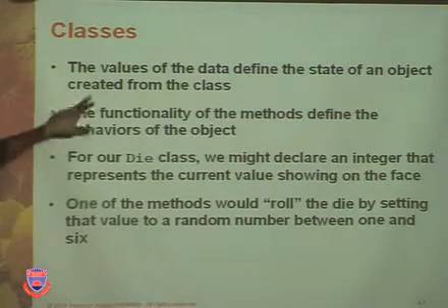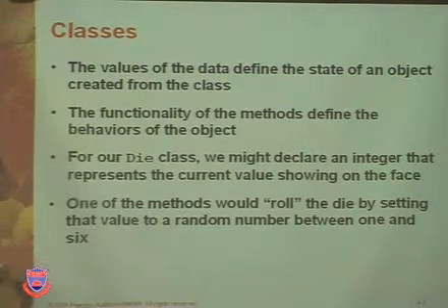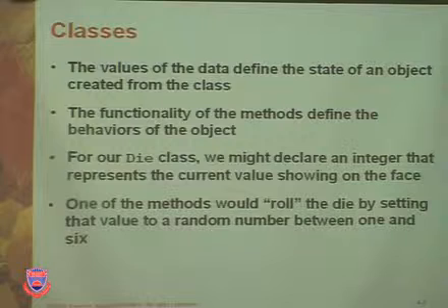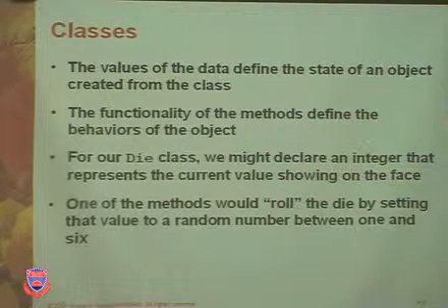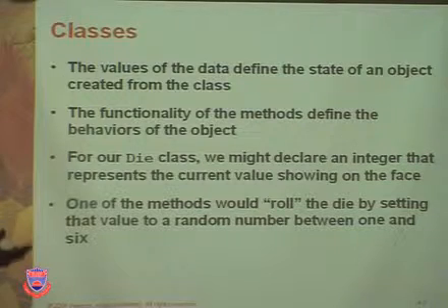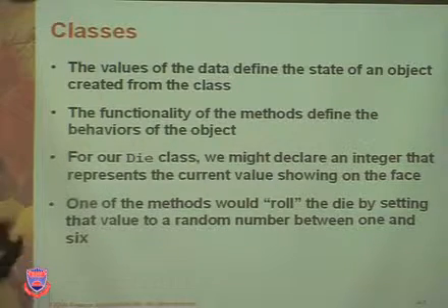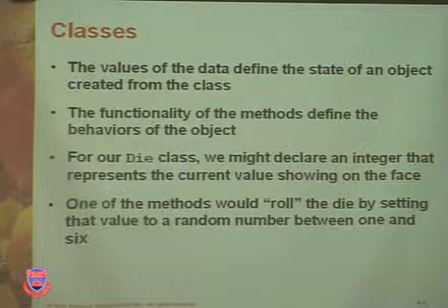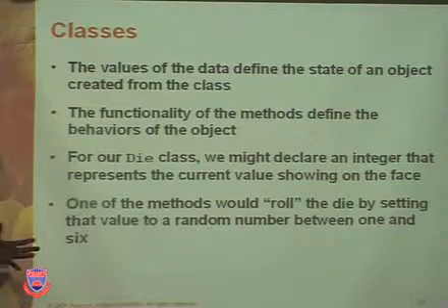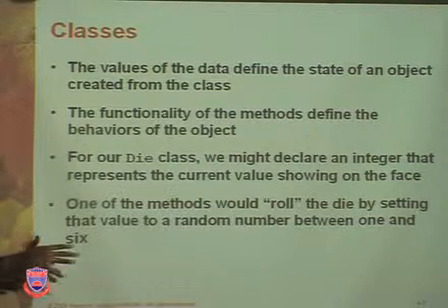So the values of data define the state of the object that we are playing around with. The data values, the instance declarations that we use, actually indicate the state of our class, whereas the methods actually implement the behavior. So whatever behavior we would like to achieve is implemented by using the methods, right?